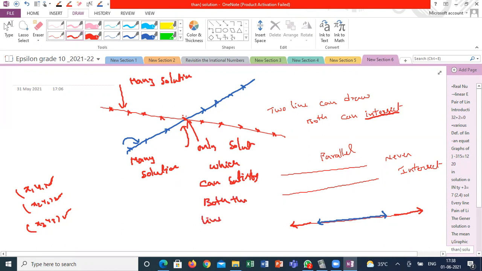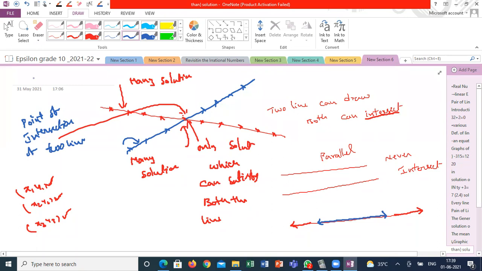That solution is the point of intersection of the two lines graphically. There will be only one possible solution. In such a way both the lines can satisfy.